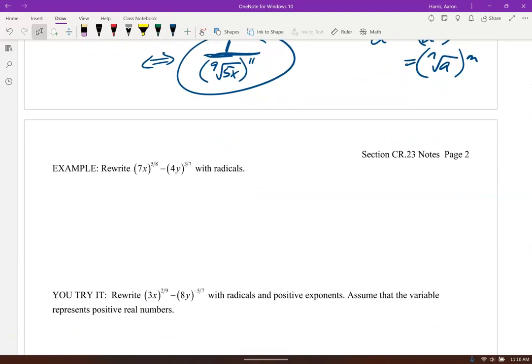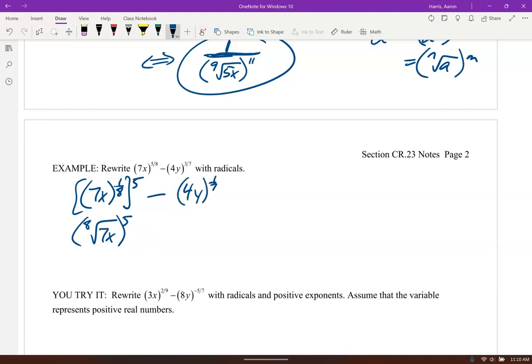All right, let's rewrite these ones with radicals. So we have 7x to the 5/8. I'm going to write that as 7x to the 1/8 to the 5th. In other words, the 8th root of 7x to the 5th. Minus, now let's go ahead and write 4y to the 1/7 to the 3rd.